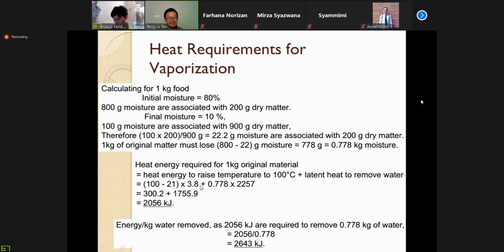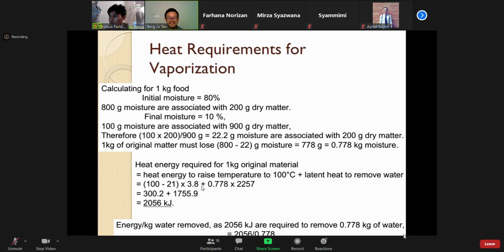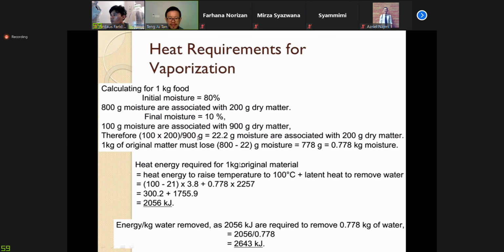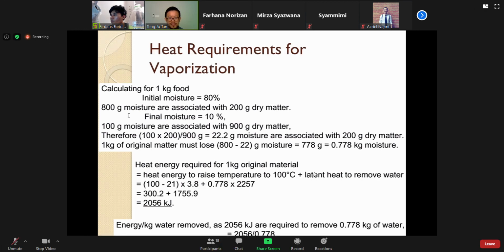And then times m. There's no need to write m here, but you can, because you are calculating for 1 kg, so it's times 1. It's the same. M is 1 kg.